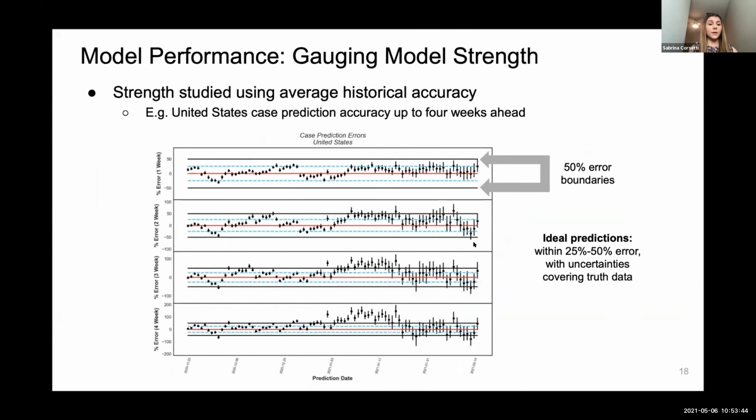Taking a more quantitative approach to understanding our model's historical accuracy over time, we can, for example, look at our accuracy in the United States in terms of our average errors up to 4 weeks ahead for multiple predictions made over time. So for example, at each point in time, we can look at our accuracy up to 1 through 4 weeks ahead. And an ideal prediction will fall within the 25% or the wider 50% error boundaries, with our uncertainties covering the true data.